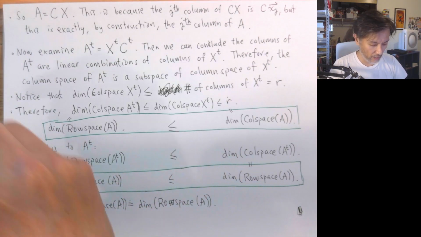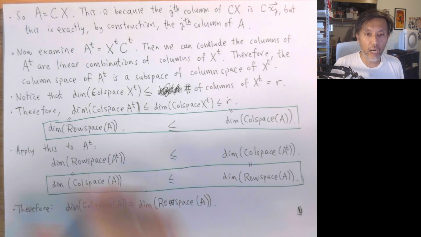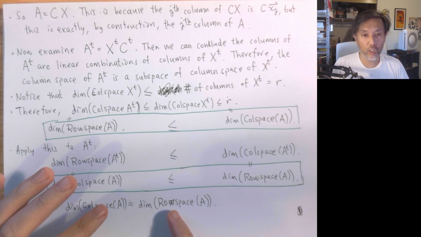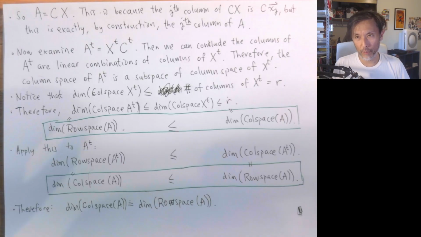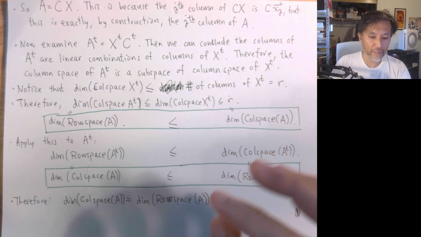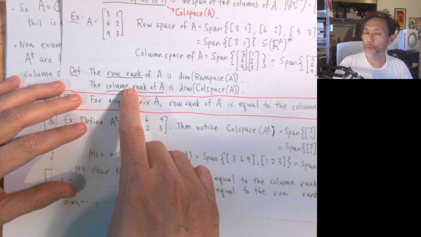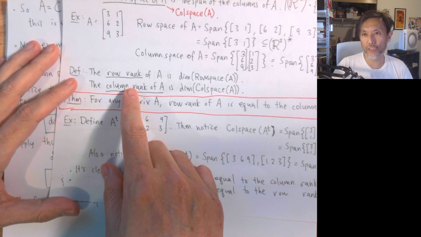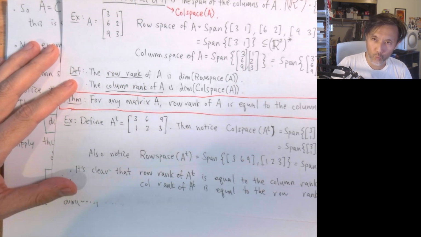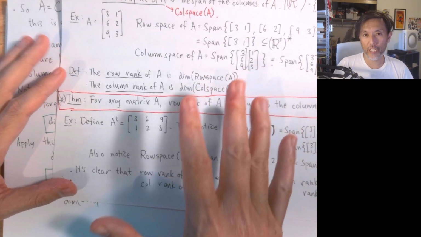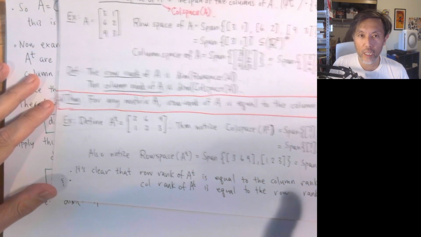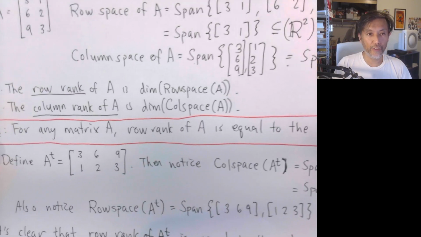That's good. Now, what's going to happen is we're going to start talking about just the rank of a matrix A. So that rather than having to fiddle about with row rank and column rank, we no longer have to do that. Now that we have this theorem, we can just talk about the rank, okay? The rank of a matrix is a very, very important quantity. We're going to use it a lot. We're going to think about it a lot.